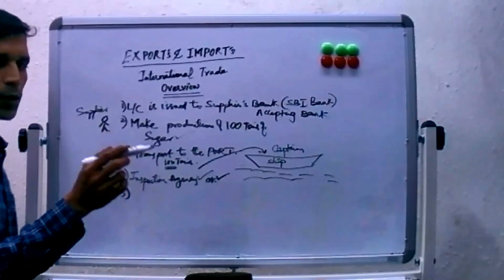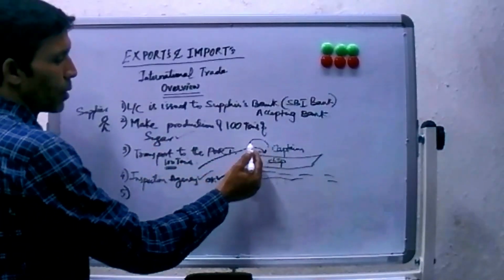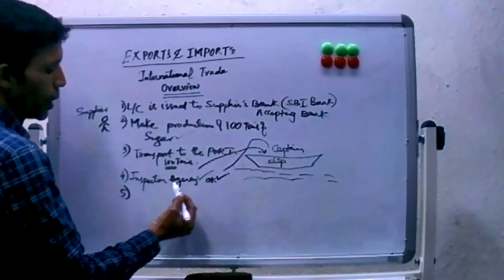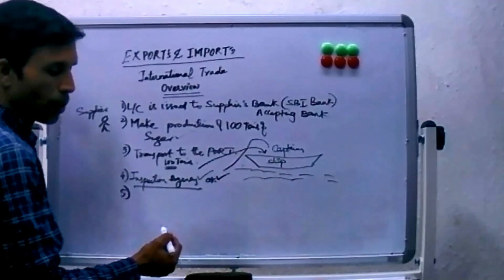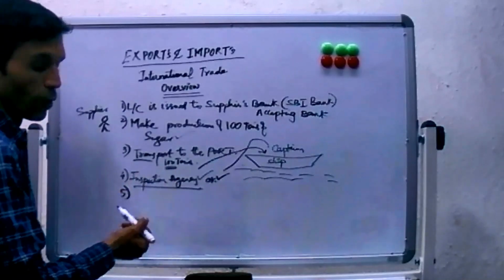They sign on the bill of lading, and they confirm that the inspection is done. While this is ongoing, the inspection agency will take a video clip, or if you have access, the supplier will also try to get some kind of video clip.